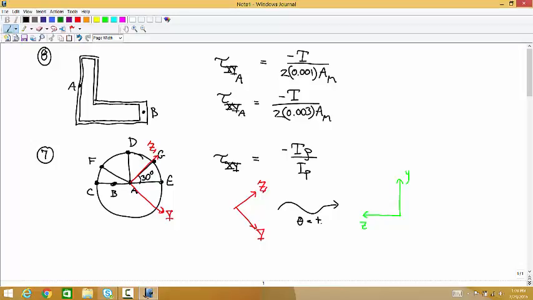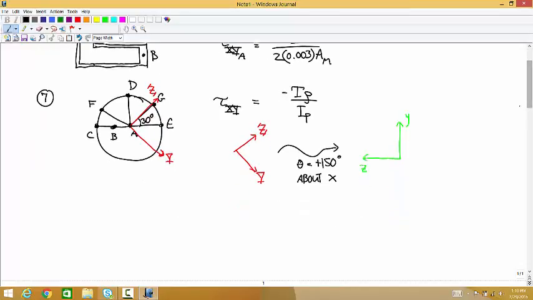So theta is equal to positive 150 about x. That's where you get your Q matrix, and then you go Q times this times Q transpose, and that gives you the stress tensor in the coordinate system as it's drawn.